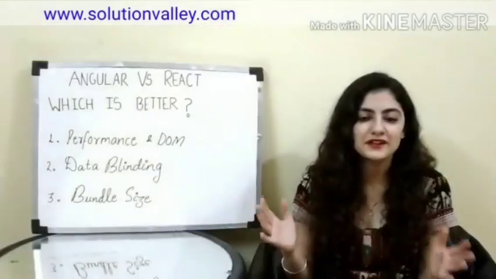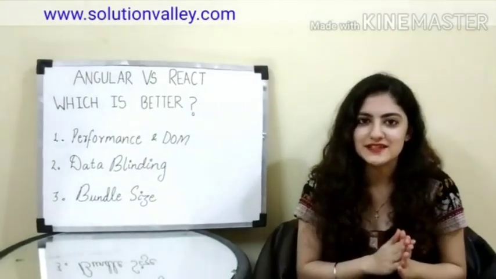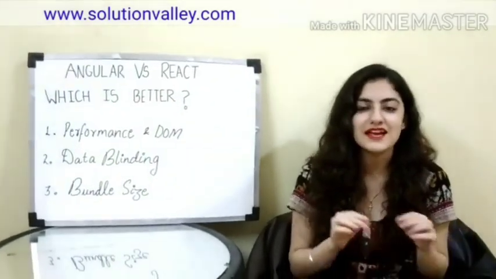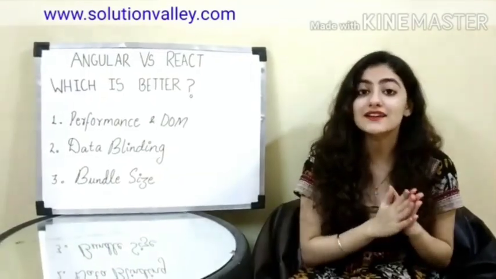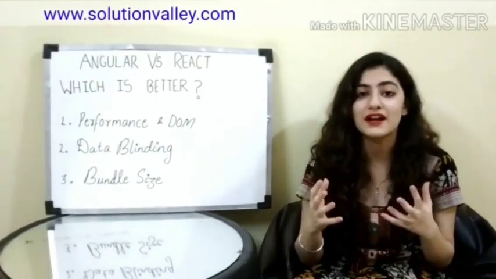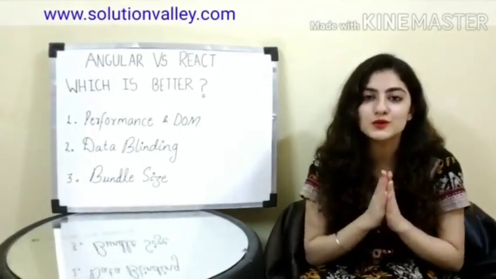Now let us compare the two on a little technical basis. Starting with performance and DOM. The basic difference between the two lies here: Angular uses real DOM while React runs on virtual DOM.